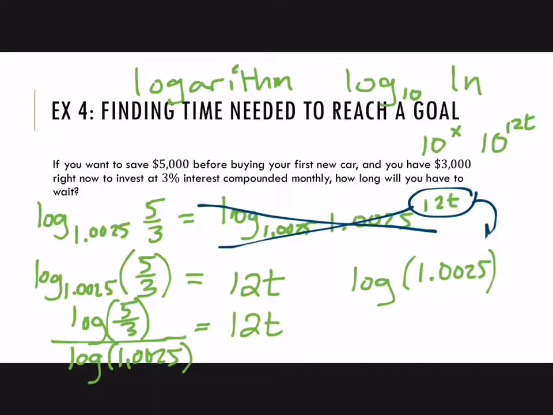If you hit enter at that point, you get a long decimal, 0.0010843, etc. I want to keep this as accurate as possible, so I'm also going to type the division sign before I hit enter and divide by that other log. So divide by the log 1.0025.